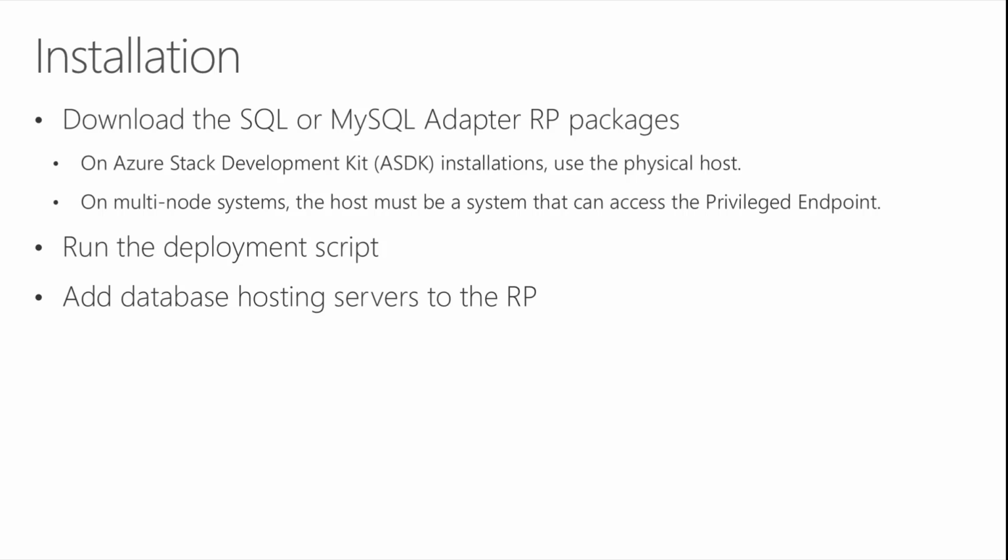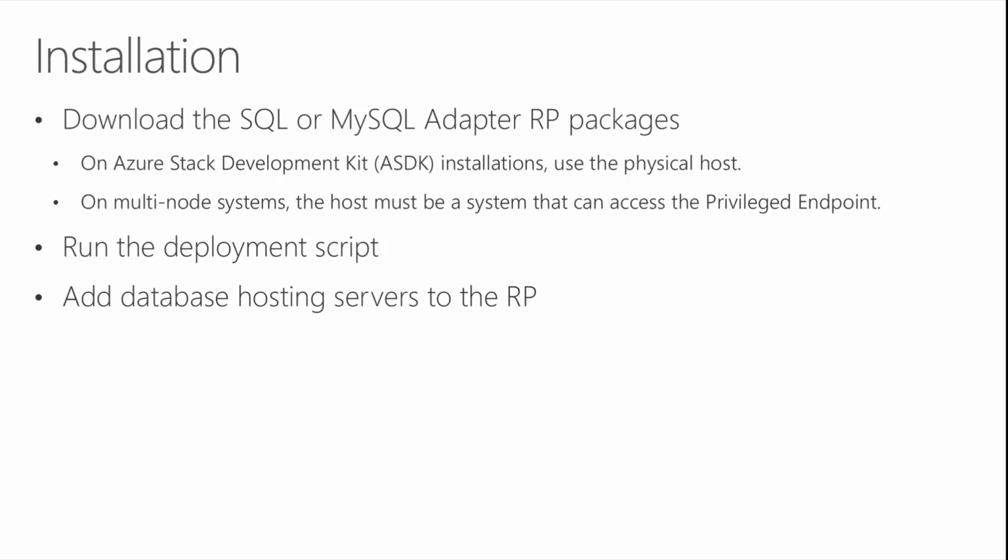If you have a multi-node system, the host must be a system that can access the privileged endpoint. So typically, however you set up an admin workstation, that is your method of doing that. In a desired state world, we like to have something like a PAW or a SAW, which is a privileged access workstation or secure access workstation.